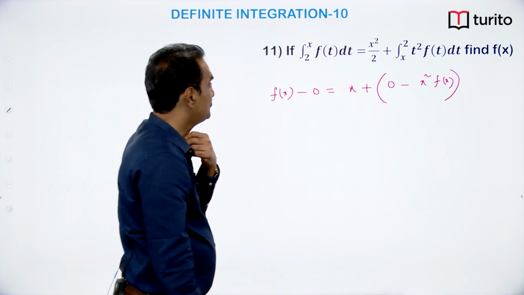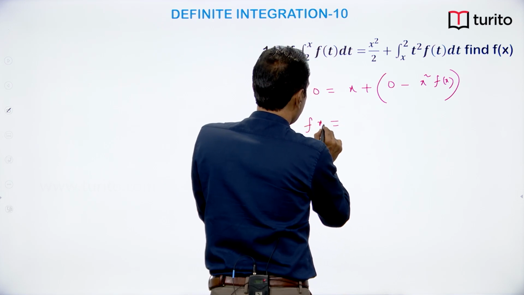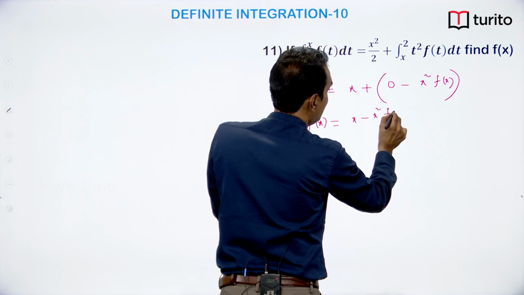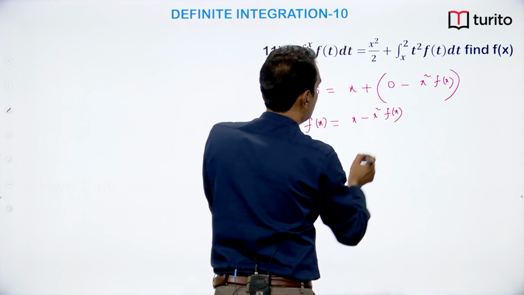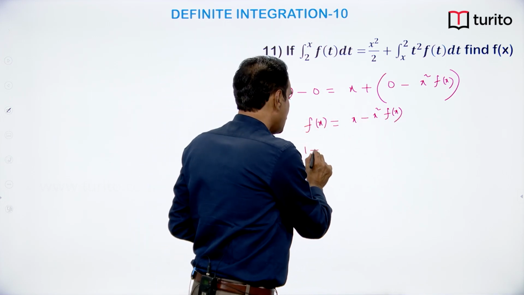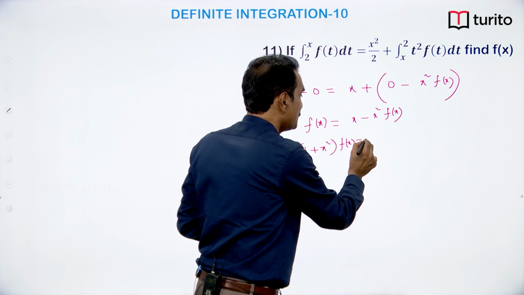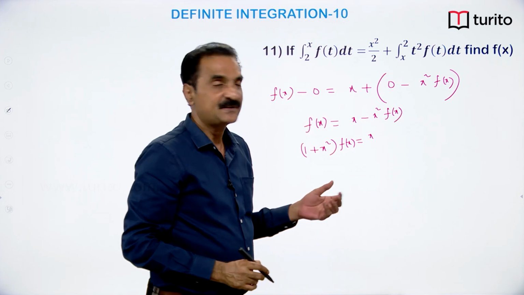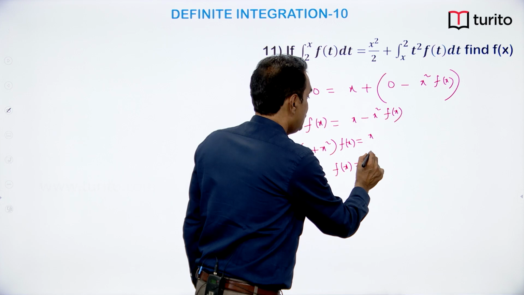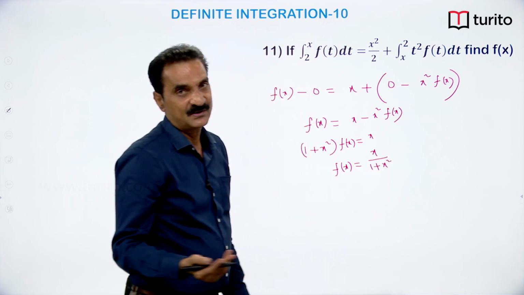Then what are you getting? f of x is equal to x minus x square f of x. Then taking f of x this side, x square f of x this side, 1 plus x square f of x is equal to x, then f of x is x by 1 plus x square, that is all.